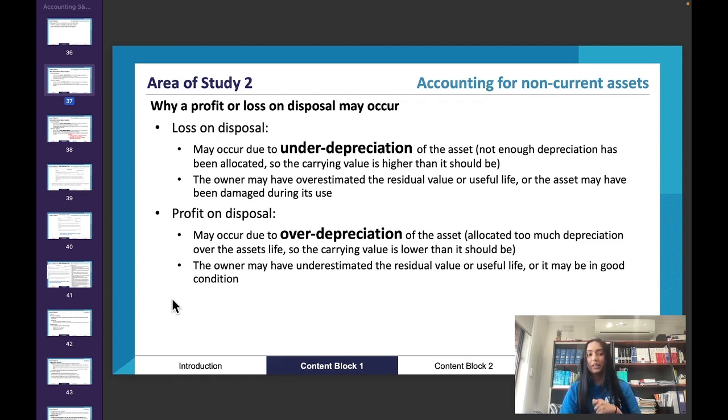And the second explanation to incorrect depreciation is that the condition of the non-current asset was impacted in some way. So either it was impacted in a negative way, so it was damaged, like what I was saying before, a van getting into a car accident, or that condition is better than what you were expecting. So basically you just took really, really good care of that non-current asset, which worked out in your favor.